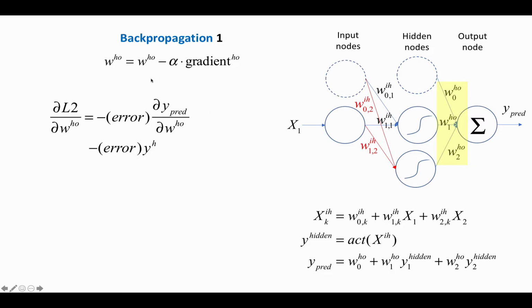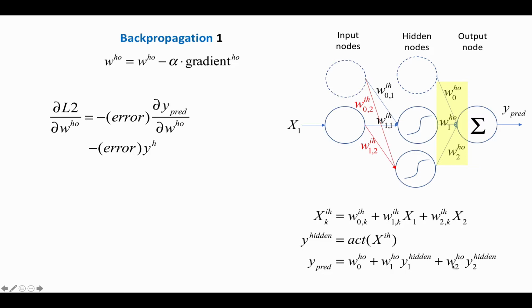So for my L2 loss, the derivative of L2 is just the error times the derivative of y predicted with respect to the hidden outputs. And so that's just the hidden output. The derivative of this term with respect to this term is just this term. The derivative of this is 1.